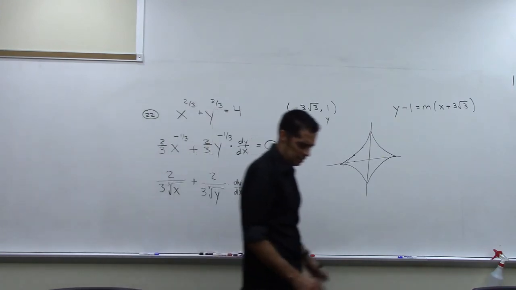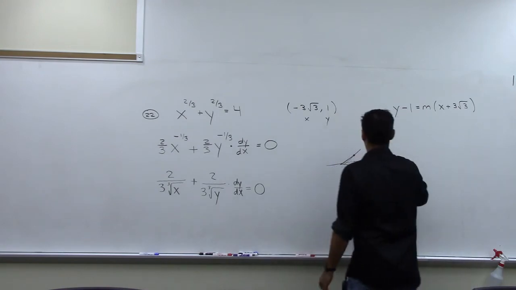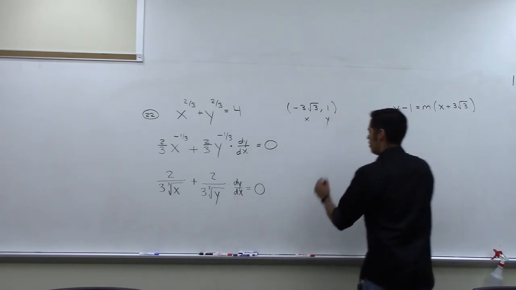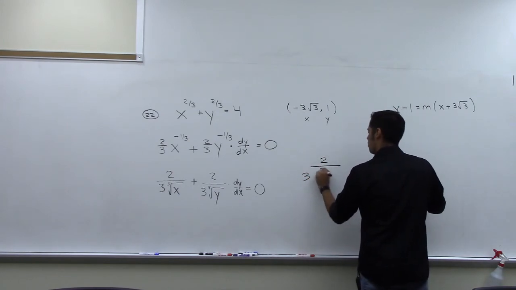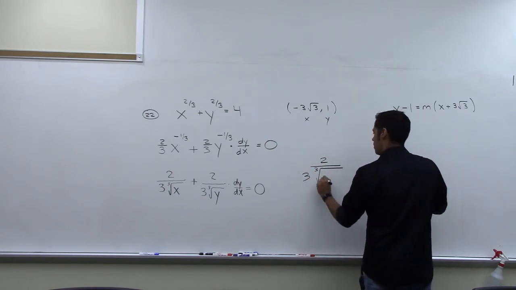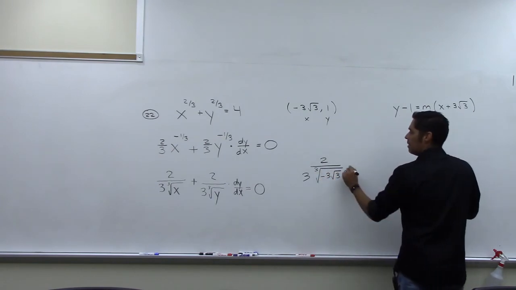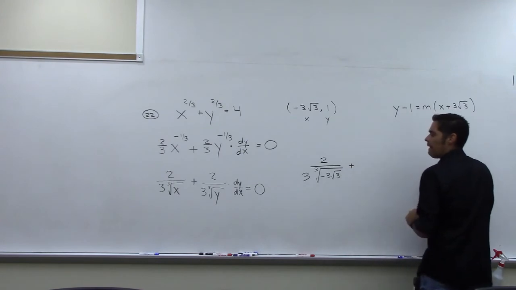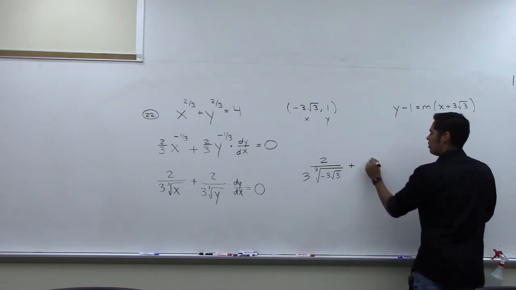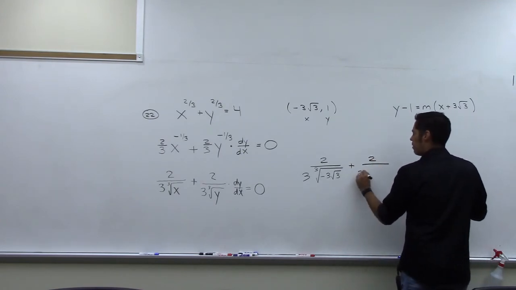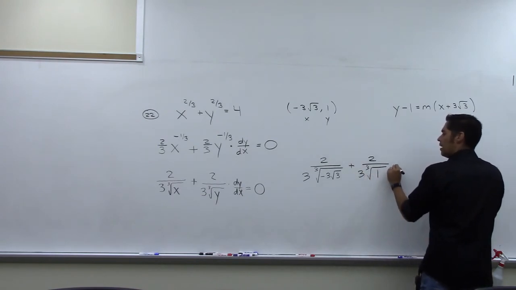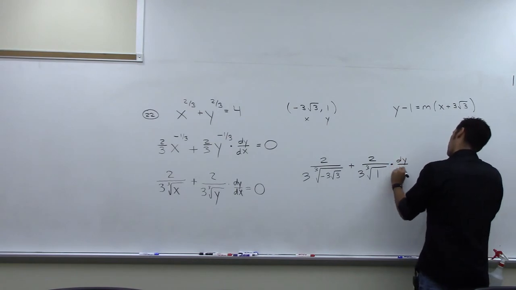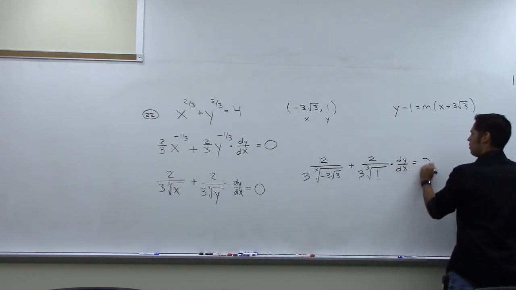This is going to be ugly. Really ugly. So this becomes 2 over 3 times the cube root of x, which is negative 3 root 3, plus 2 over 3 times the cube root of y, which is 1, times dy/dx, equals 0.